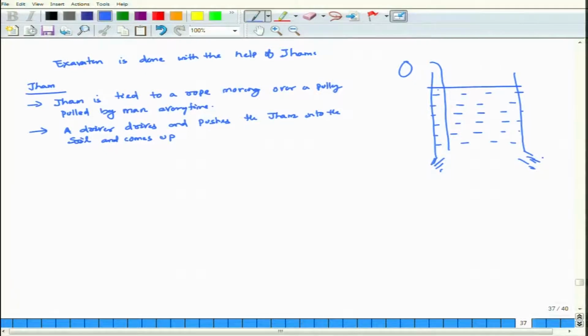Once they cut around the periphery, the soil becomes loosened, it will go in an outward direction. This is how the jam work has been done manually, or it has been done by means of automated machines also.